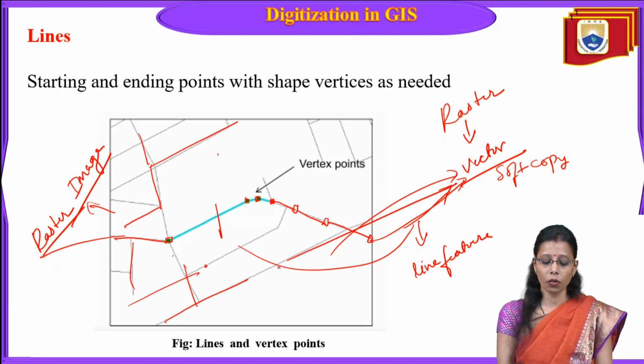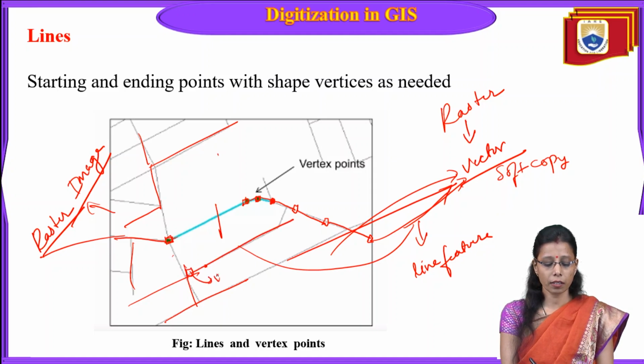But if I want to convert this line to vector, I take the line tool and start digitizing from here to this end point. I'll do the first snapping here, the next snapping here, the third snapping here. In the same way, if I want to digitize this line, I'll start from here.